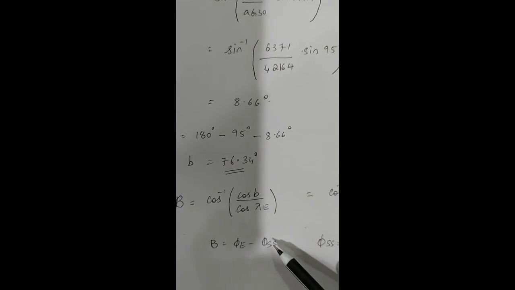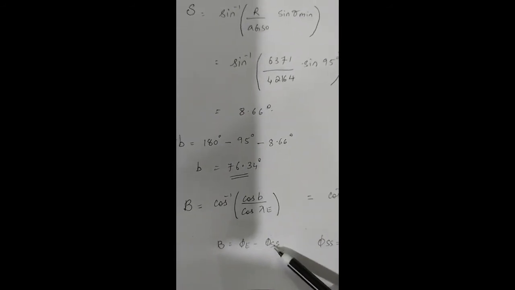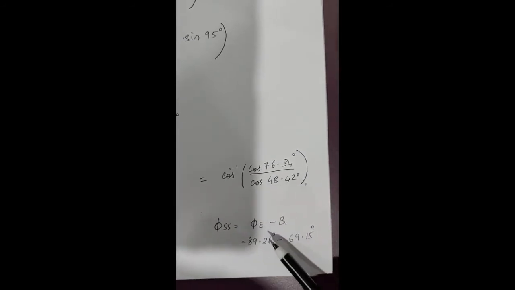So the satellite limit, how do we find it? We know B is equal to phi E minus phi SS. When we want to find phi SS, the satellite limit both towards east and towards west, we know for east it is positive, west it is negative. Phi SS is equal to phi E minus B if we take it to the other side.